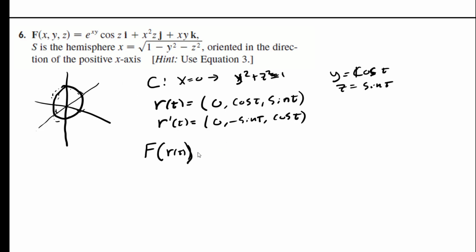Okay, so this is e to the 0, cosine of z. Let's see, what is this hint that it gives? Use equation 3.